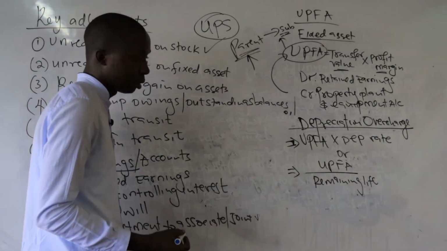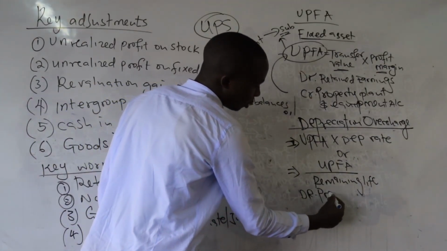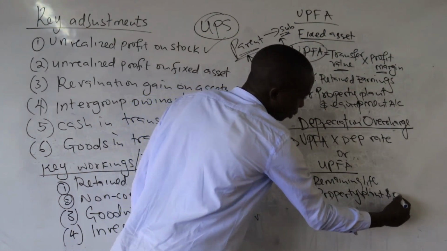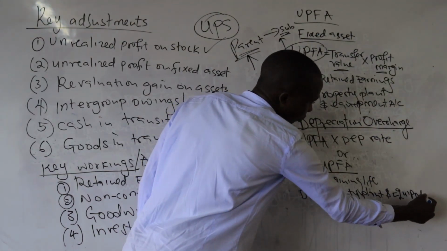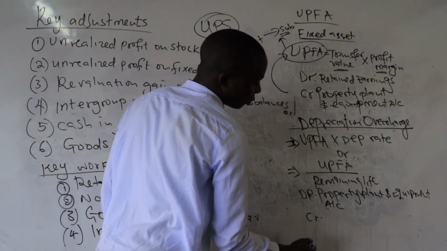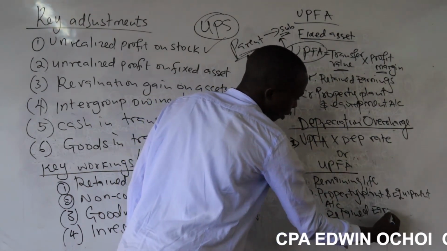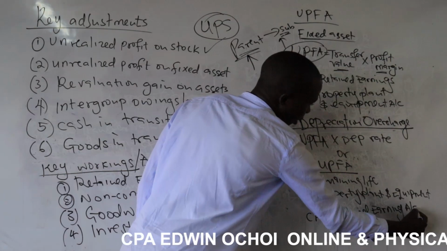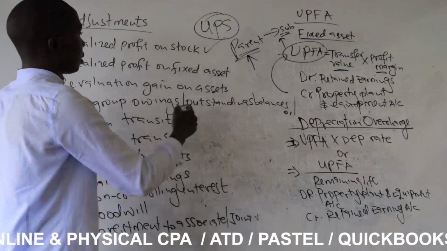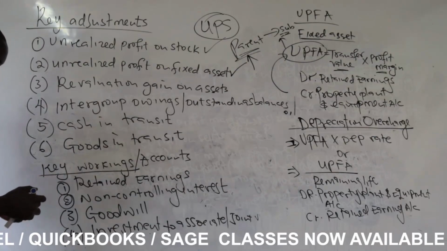So to correct that, we have to debit the property, plant and equipment account, then we have to credit the retained earnings account. So that is the second adjustment, which is always done in group accounting.